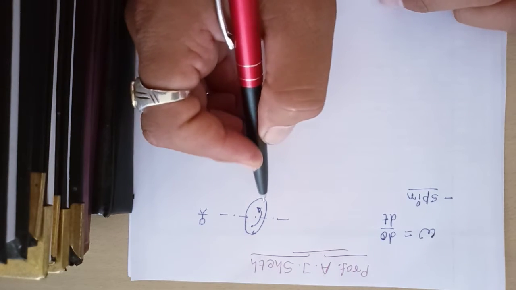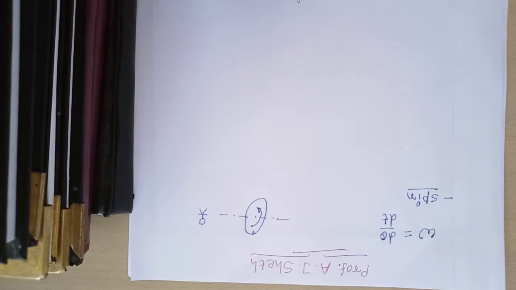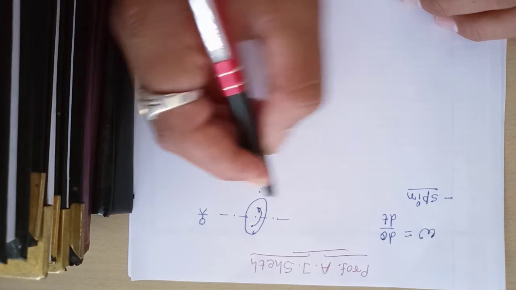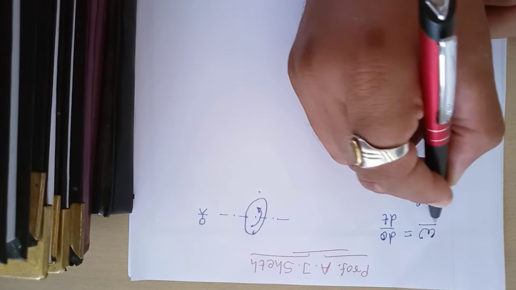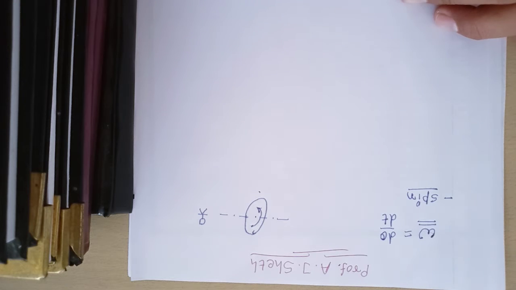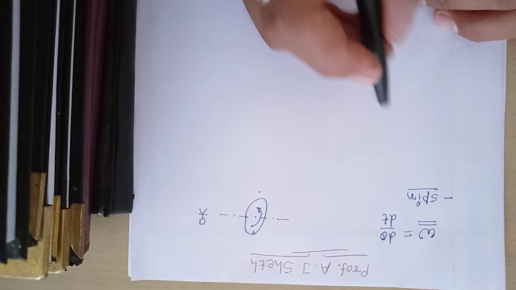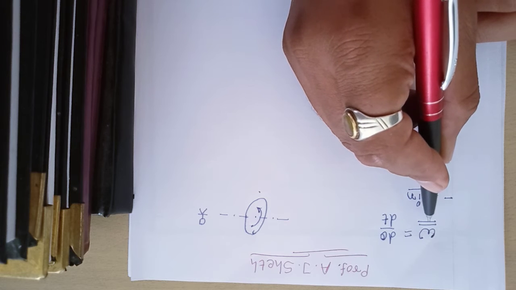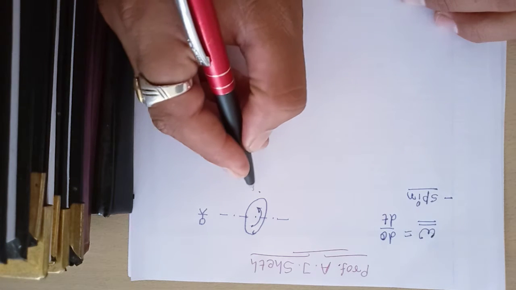Here we are assuming that if the rotation of the body is in the anti-clockwise direction, then the spin vector omega, which is actually a vector quantity, not a scalar one, has magnitude as well as direction.